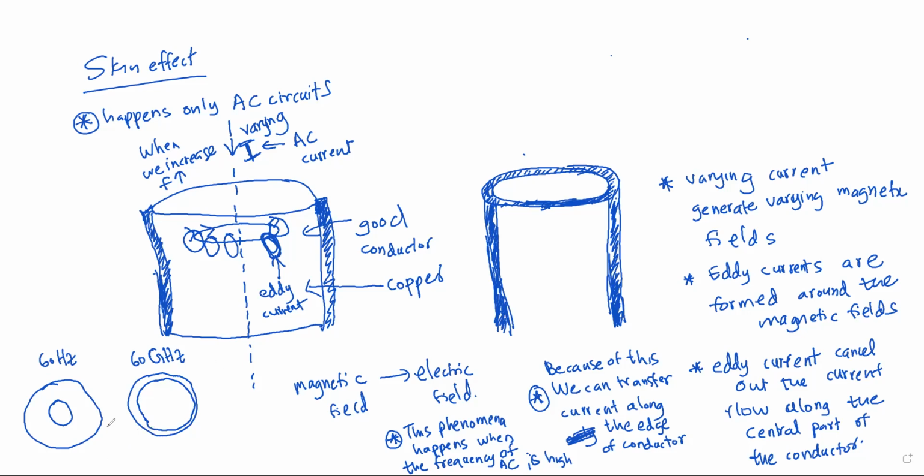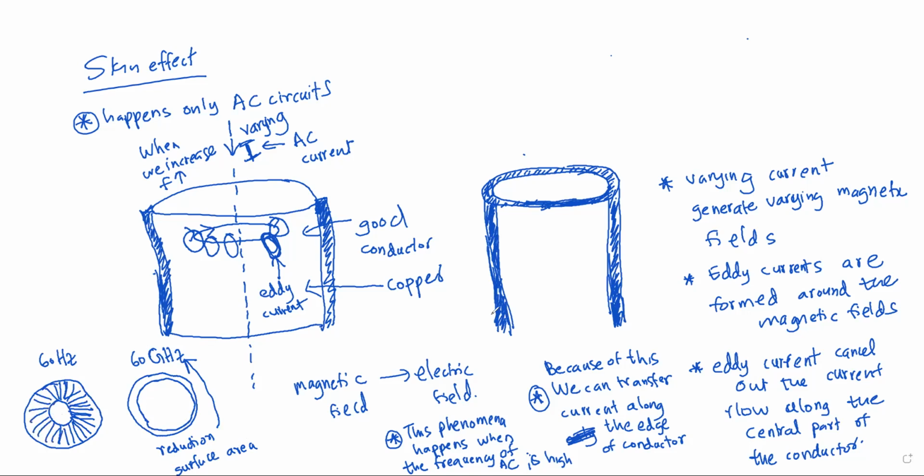So there's a huge reduction of the surface area that we can use to conduct the current once we use a high frequency. In here, once we use only 60 hertz, for example, we can use a higher surface area like this along the cable to conduct the current.